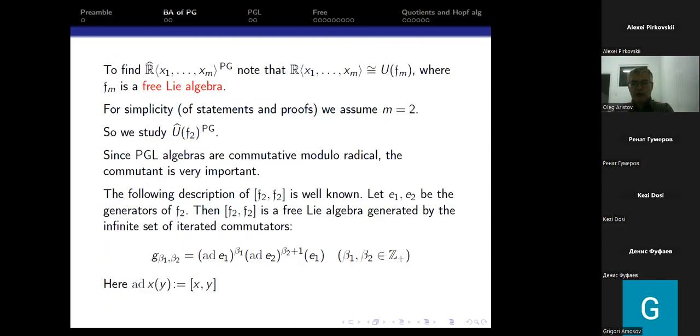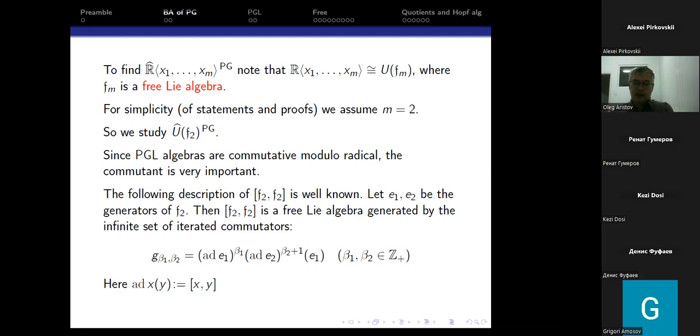So our next goal is to give an explicit description of this envelope. To do this, we represent the free algebra as the universal enveloping algebra of a free Lie algebra, F. Also I assume that the number of generators is 2, because in the general case, the statement of results and proofs are more complicated.